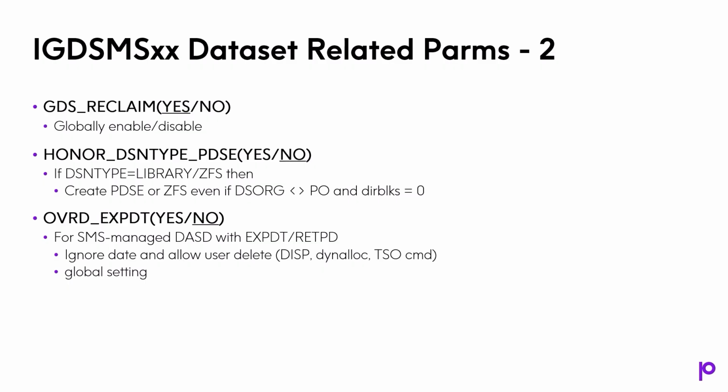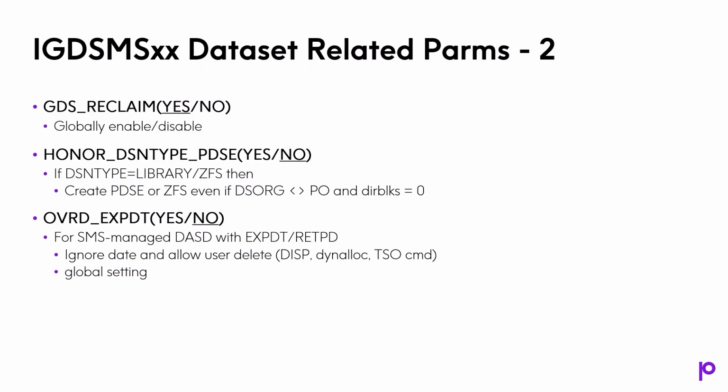Probably I do, but the default is no. So honor DSN type PDSE says if I specify DSN type equal library, then I really meant library and allocate a PDSE even though I didn't specify partitioned dataset or directory blocks.